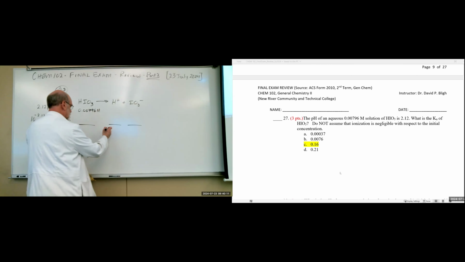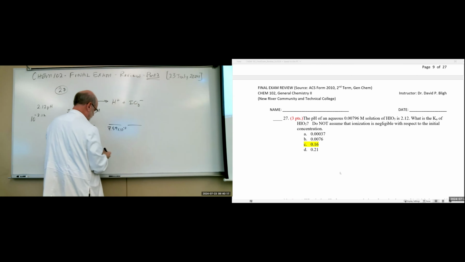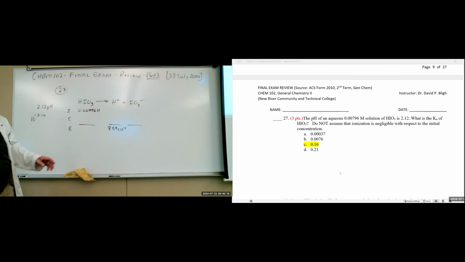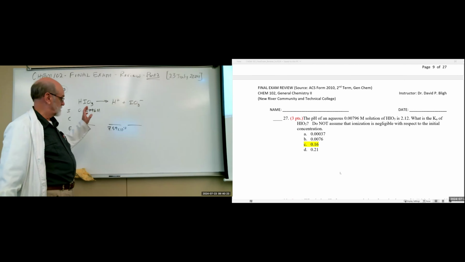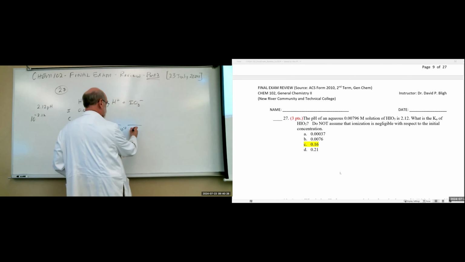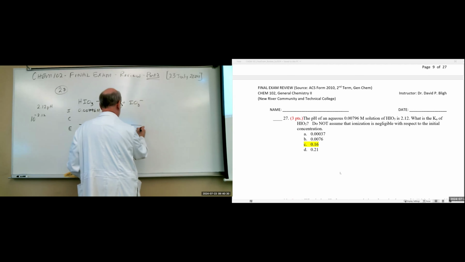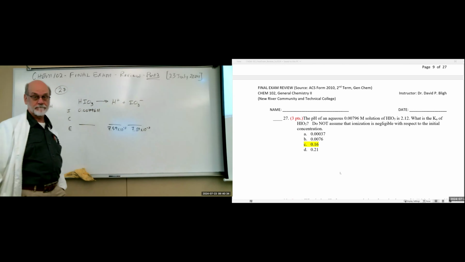This is 7.59 times 10 to the minus 3. Since the iodate is derived from the same dissociation, its concentration must also be like that.